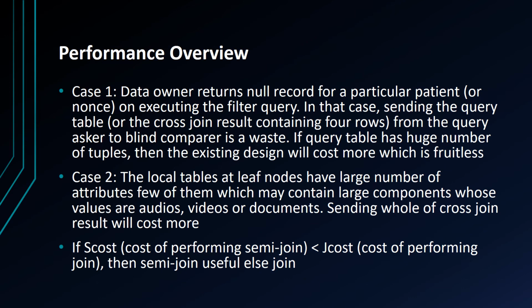One is the S cost, or the cost of performing a semi-join, and the J cost, the cost of performing the natural join, that is the join between two tables, by either shipping T1 from site 1 to site 2, or shipping T2 from site 2 to site 1, wherever the join operation is going to take place. If S cost is less than J cost, then semi-join is useful, otherwise we should go for join.